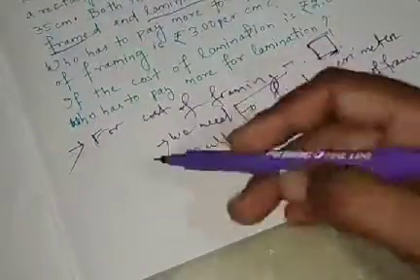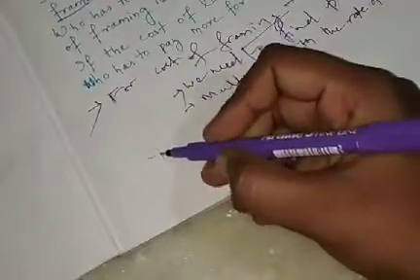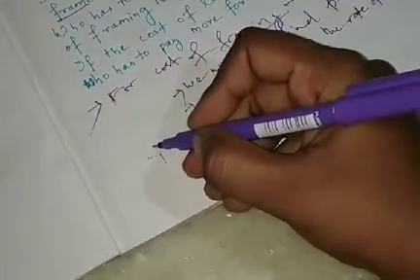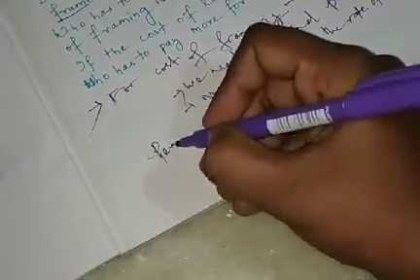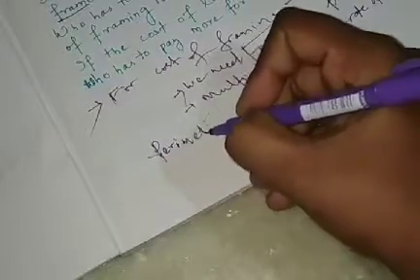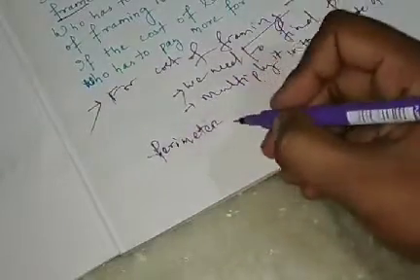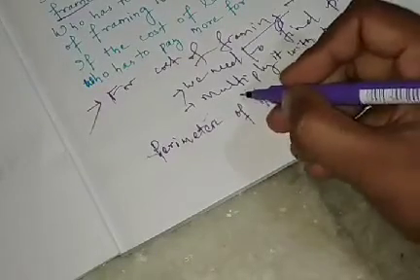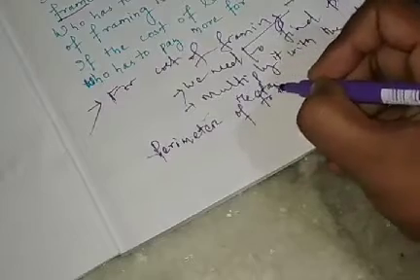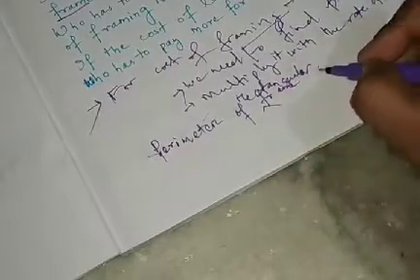So you can write down: perimeter of the rectangular frame of Ayush is equal to how much?